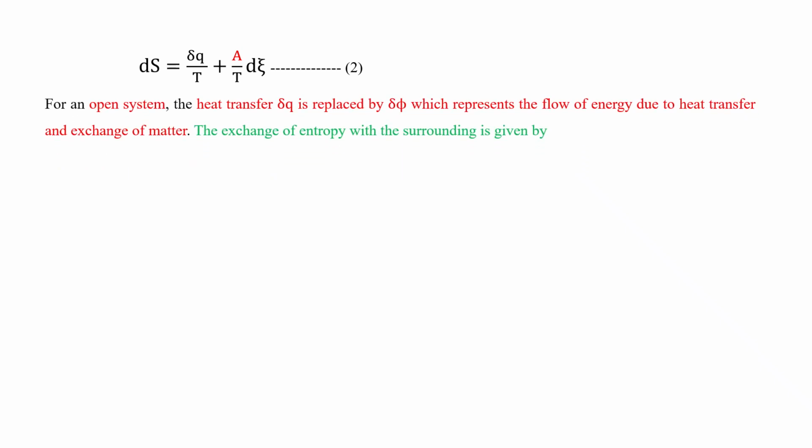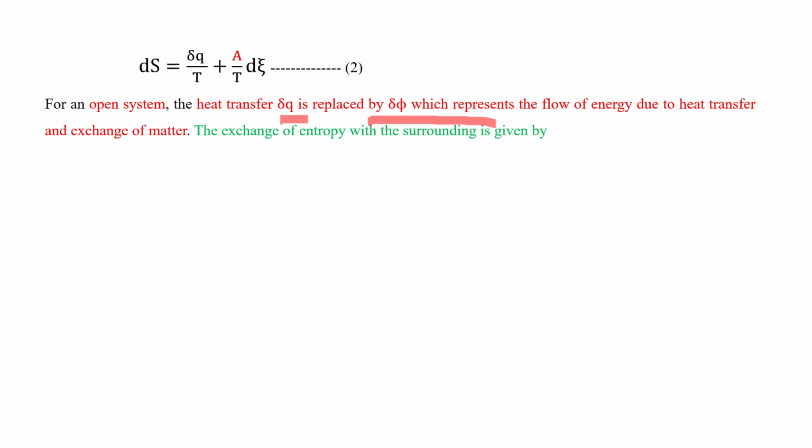So for an open system, since we are discussing phases 1 and 2 within the system, which will be acting as an open system, a system inside a system, the two systems inside a system, it is acting as an open system. Here the heat transfer will be replaced by del pi.